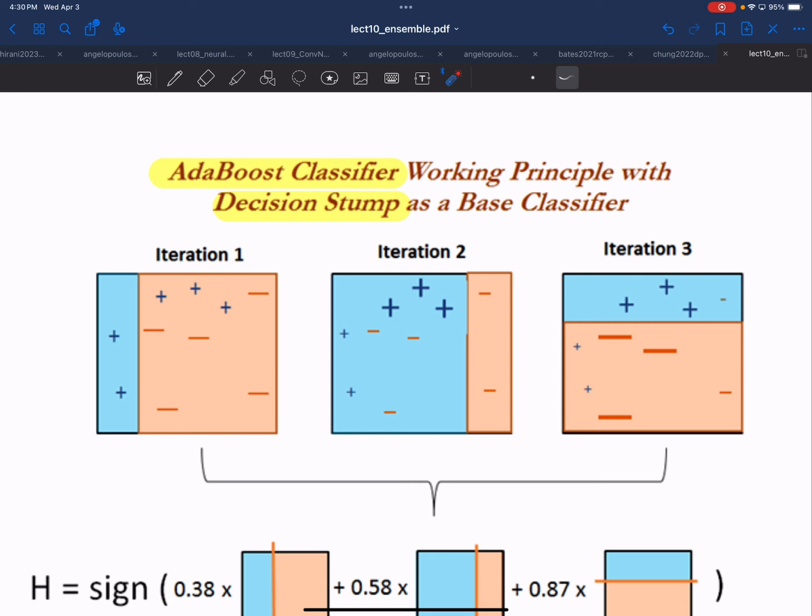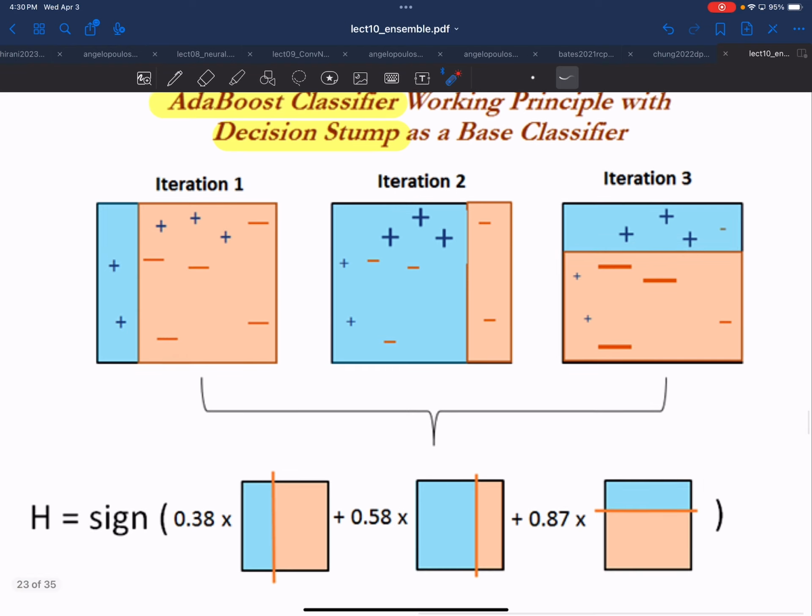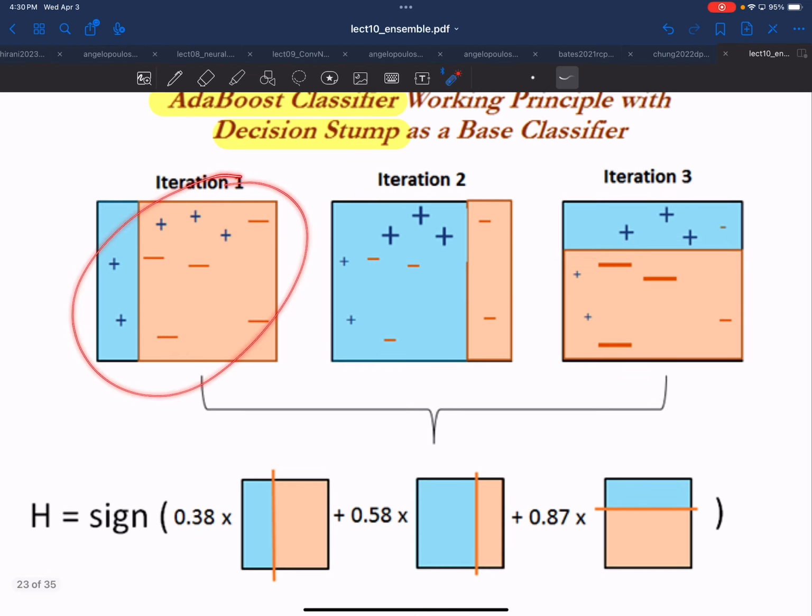And for that final round, we have to design one more stump, so we end up designing that one. You can see our base predictors are very simple. They just split our data in half, essentially.